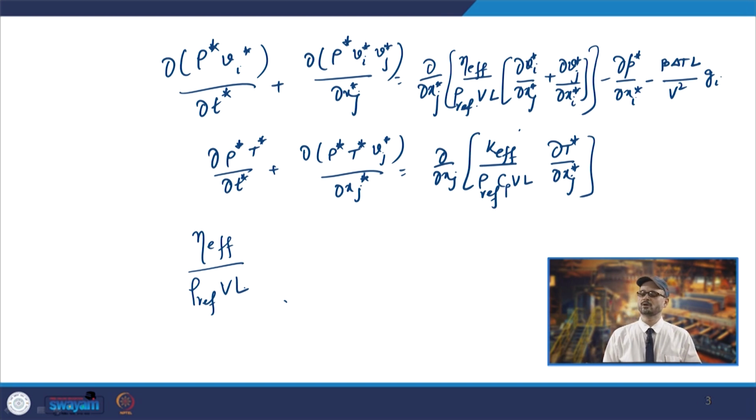Similarly, if you look at a further number, this number beta delta T naught, and then you will have L, and you will have G I, and divided by V square.